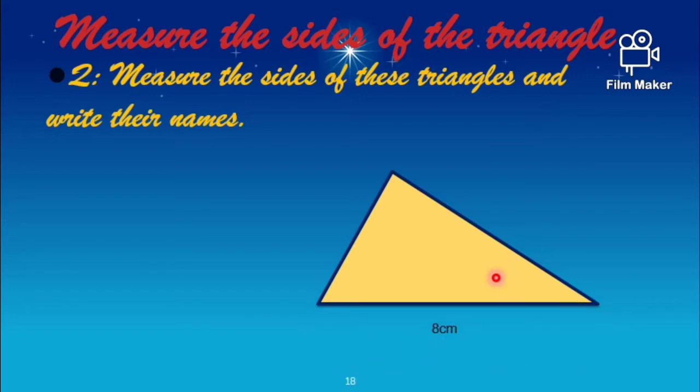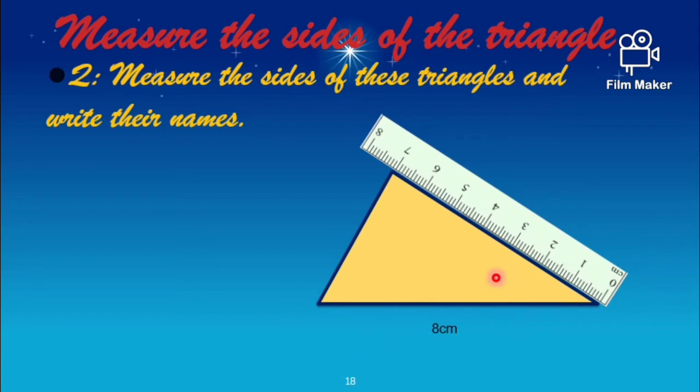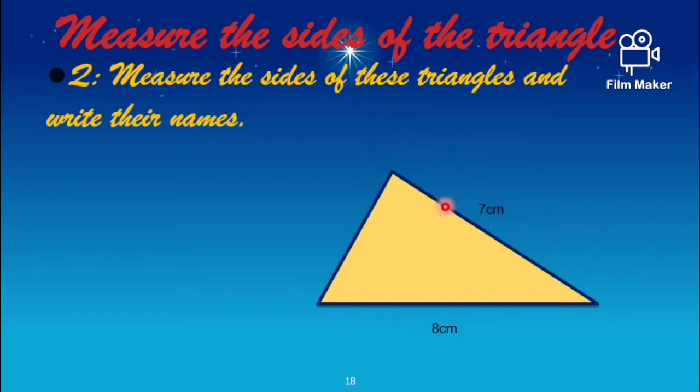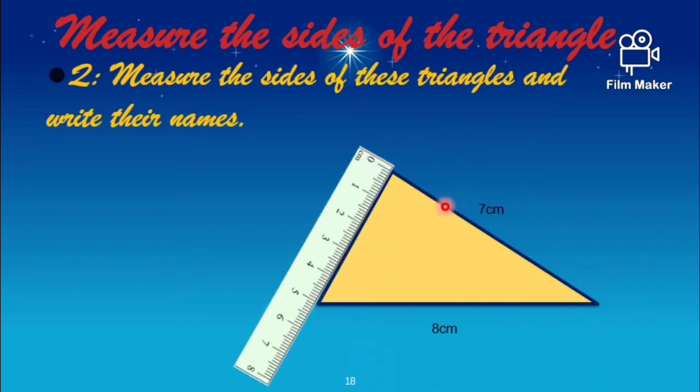Then measure the next side of the triangle. This side is 7 centimeters, 0 till 7. The third side of this triangle is 5 centimeters: 0, 1, 2, 3, 4 and 5.